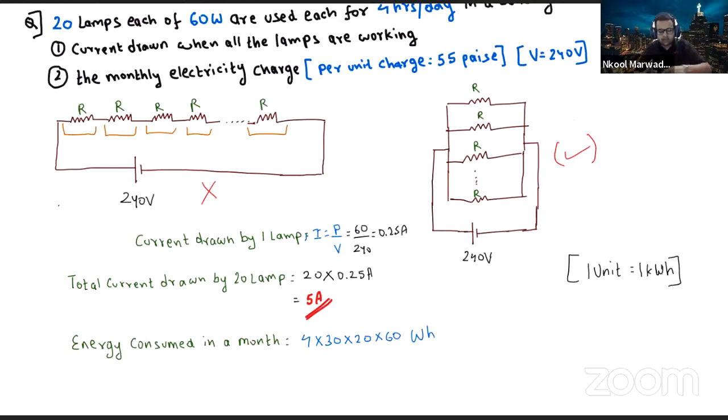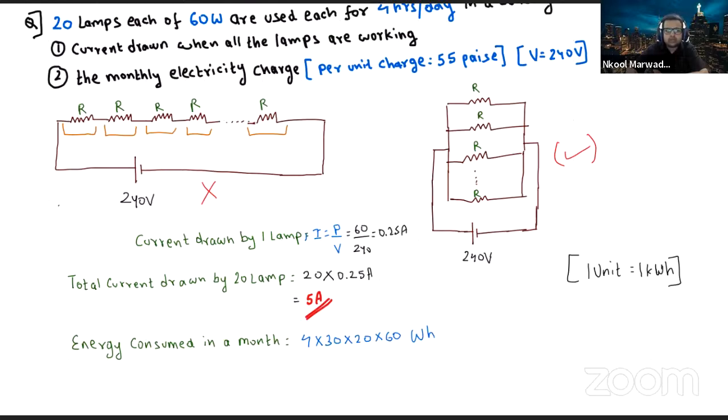Once again, I will tell what I did. 4 hours daily, I have to calculate the monthly bill. So 4 into 30 will be the total number of hours for one bulb. I have 20 bulbs, so into 20, and every bulb is consuming 60 watt, it is given in the question, into 60. This will be the energy consumed in a month by 20 bulbs.